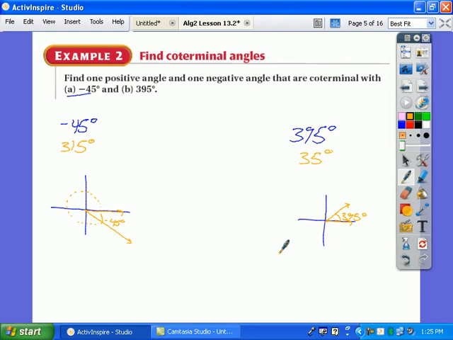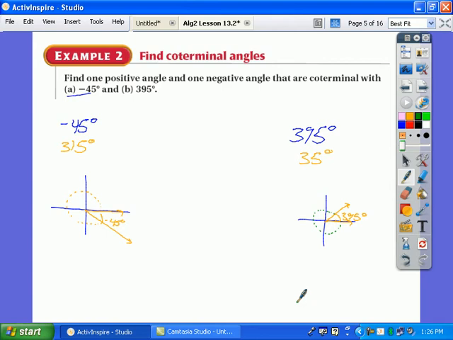Let's talk about this problem, though. This is 35 degrees, right? But what if I were to think about this going in the other direction? So this would be negative what? How could I talk about this angle as a negative angle? Negative 35 is a good idea, but negative 35 gets us down here.